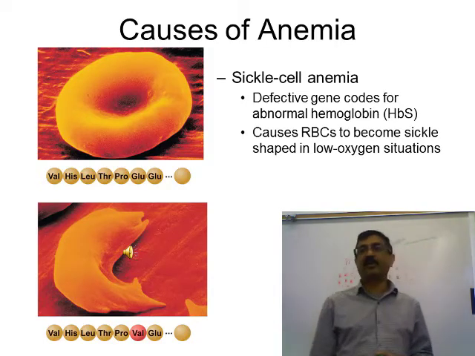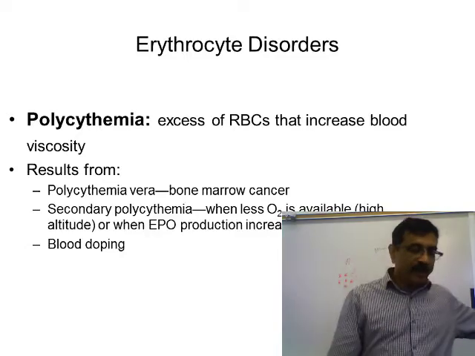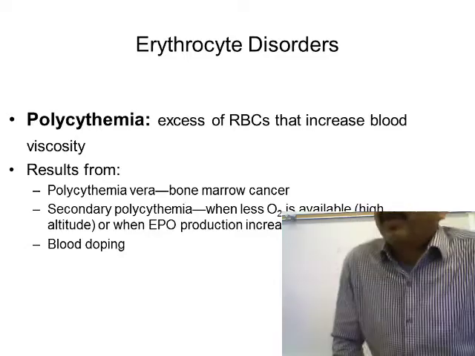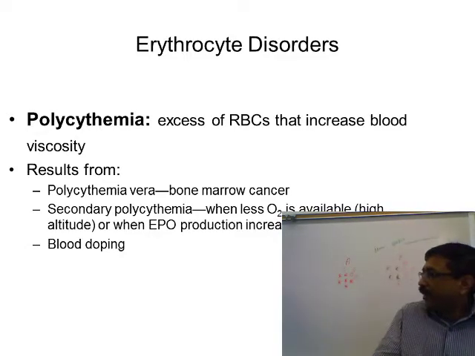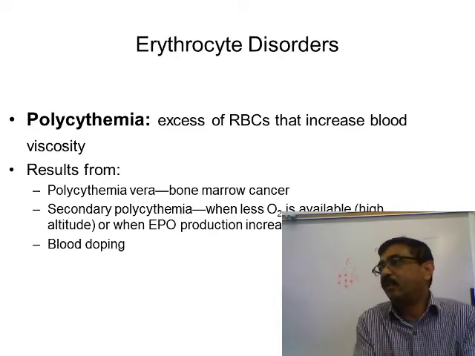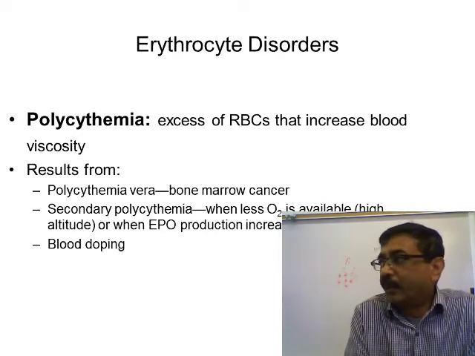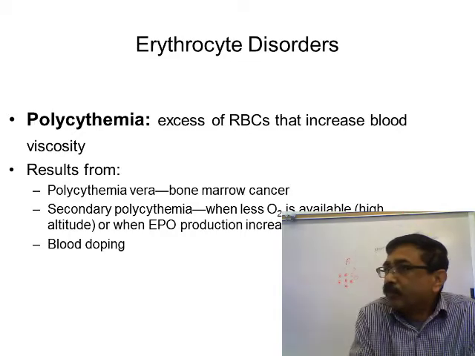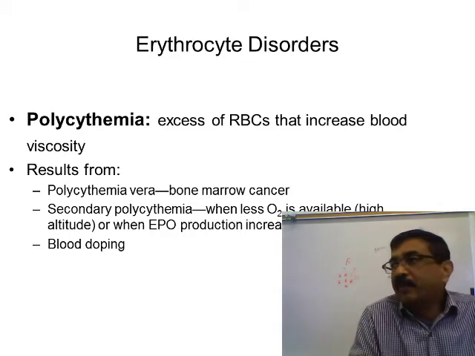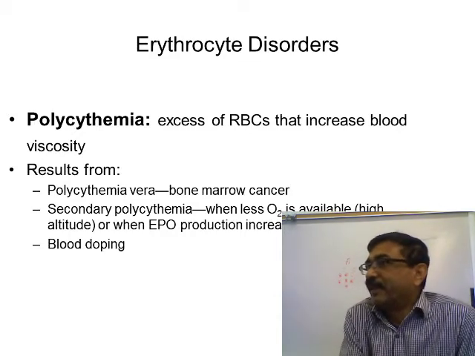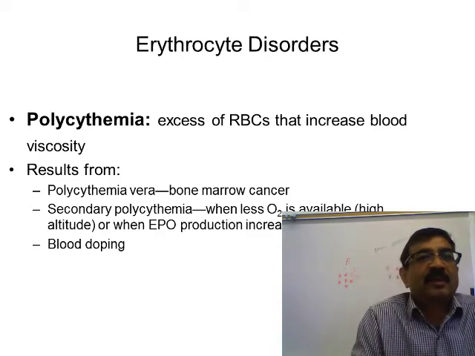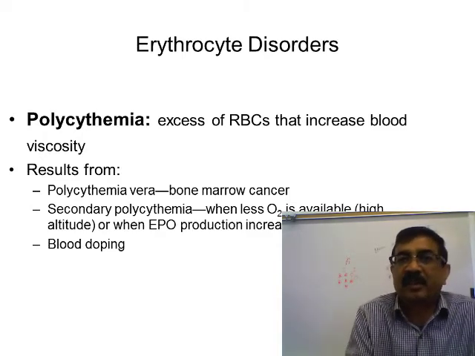An increased number of red blood cells in the blood is called polycythemia. Now, polycythemia could be of two types, polycythemia vera and secondary polycythemia. Those are two types of polycythemia. Okay. Polycythemia vera is a clinical condition and secondary polycythemia is a physiological condition, not a clinical condition.